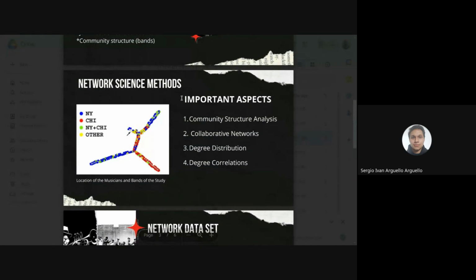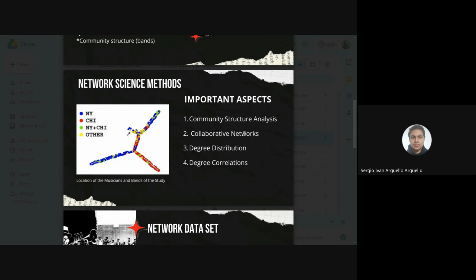They work with four network science methods. The first is community structure analysis. They used the algorithm by Girvan and Newman to identify communities. These are based on the betweenness centrality of the links. And second, they work with collaborative networks.